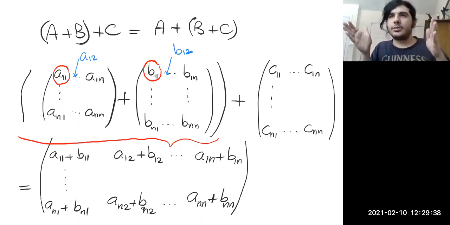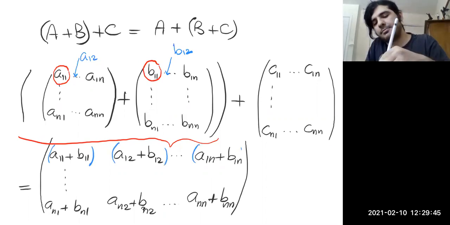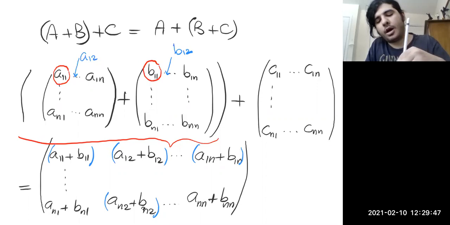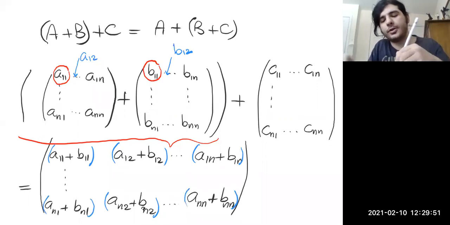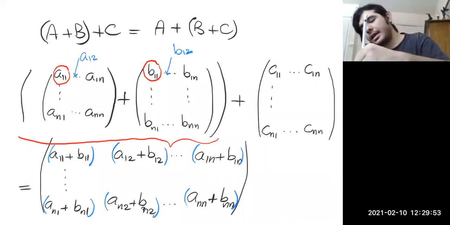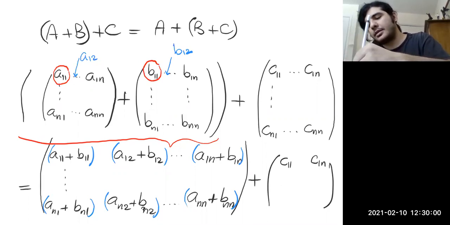So just in order to understand what's going on, I would put parentheses around these things. I would tell you why I'm doing that. It's just to clarify what property we are going to use. And then we still have this matrix C, C11 up to C1n, Cn1 up to Cnn.